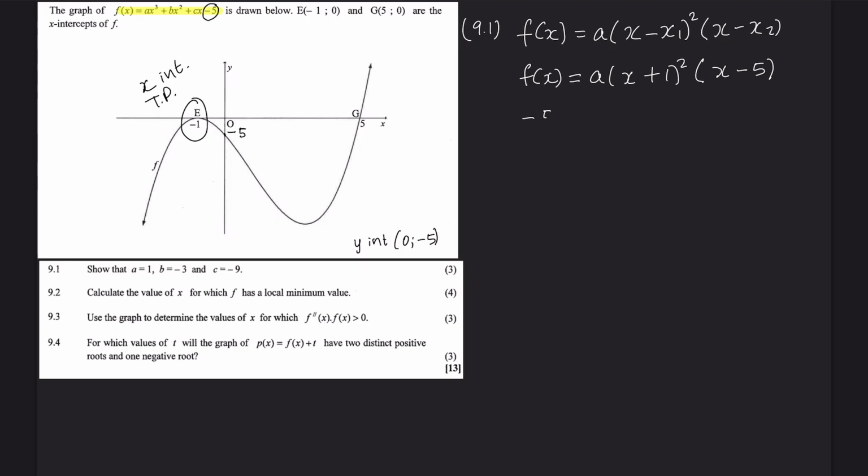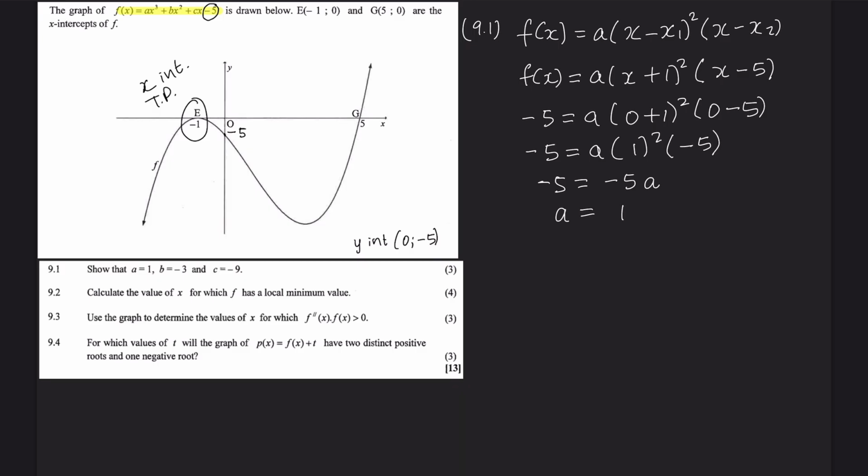So negative 5 equals a into 0 plus 1 all squared, and 0 minus 5. Next we can simplify. Negative 5 is equal to a into 1 squared and then negative 5. Negative 5 is equal to 1 squared times negative 5, which is negative 5a. That means a is equal to 1.